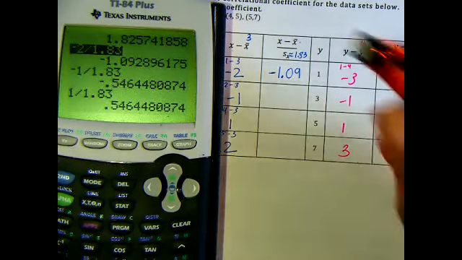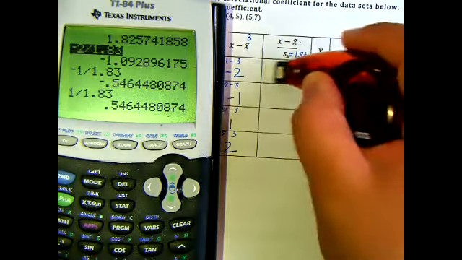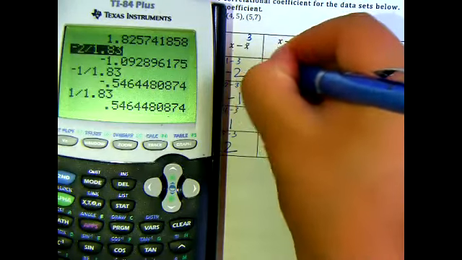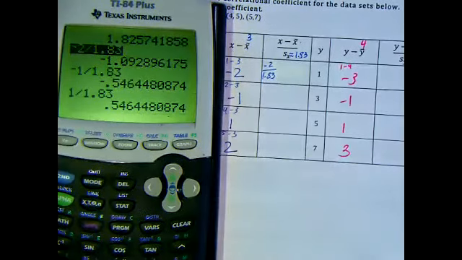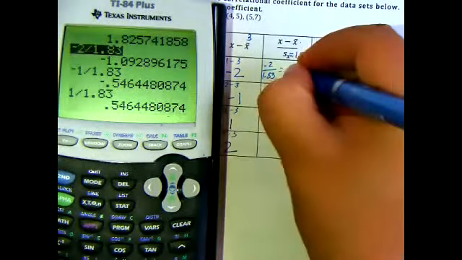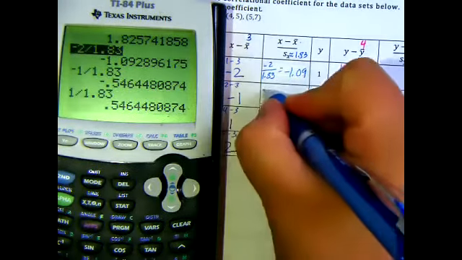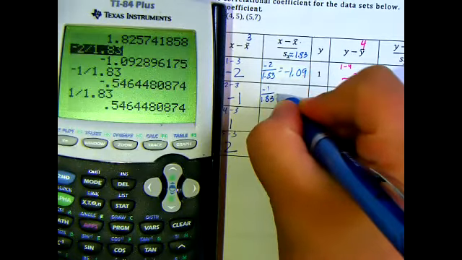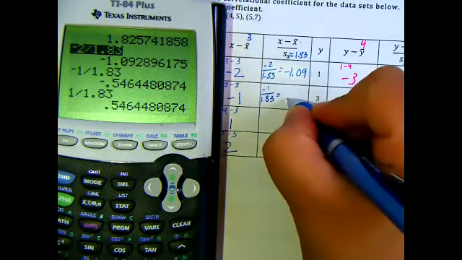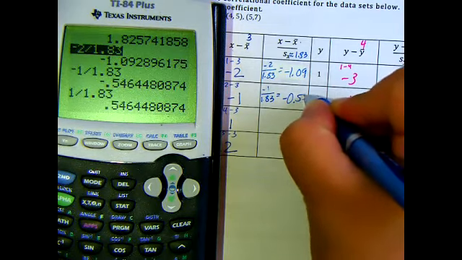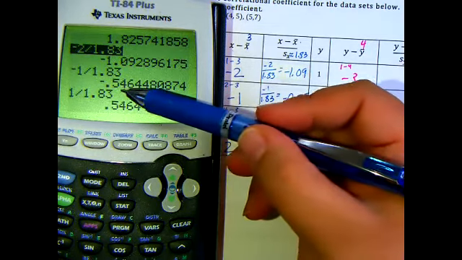If you guys want, you can write exactly what we're doing here. You don't have to erase it if you know exactly what we're doing, but essentially what we did is this, right? Which is our -1.09. And then over here we have -1 divided by 1.83, which is our -0.55, because it's a 5, 4, 6.